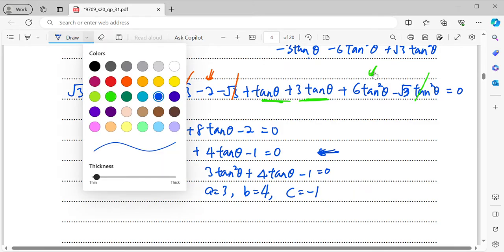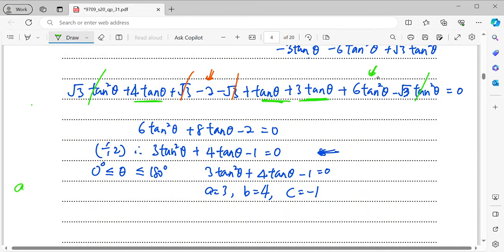Now you use the quadratic formula to solve this, where ax² + bx + c = 0, then x is going to be (−b ± √(b² − 4ac)) over 2a.